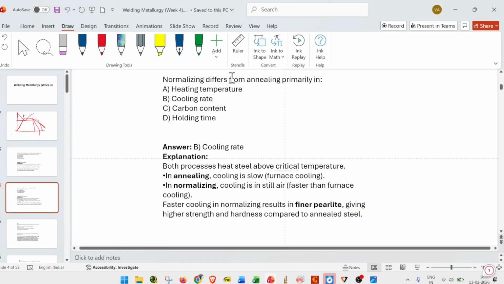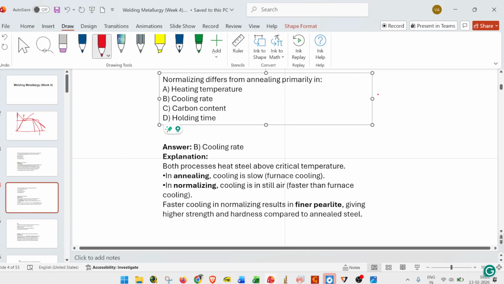Normalization differs from annealing primarily in how? So how can we find the difference? First, both processes follow a similar trend.